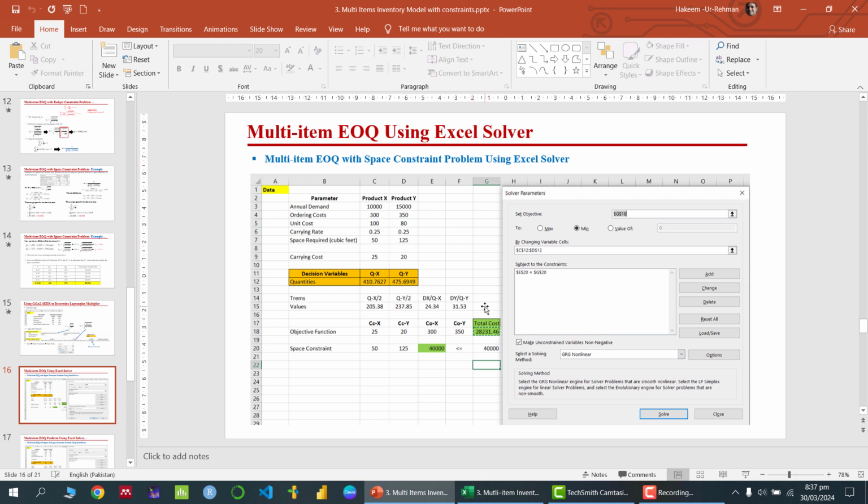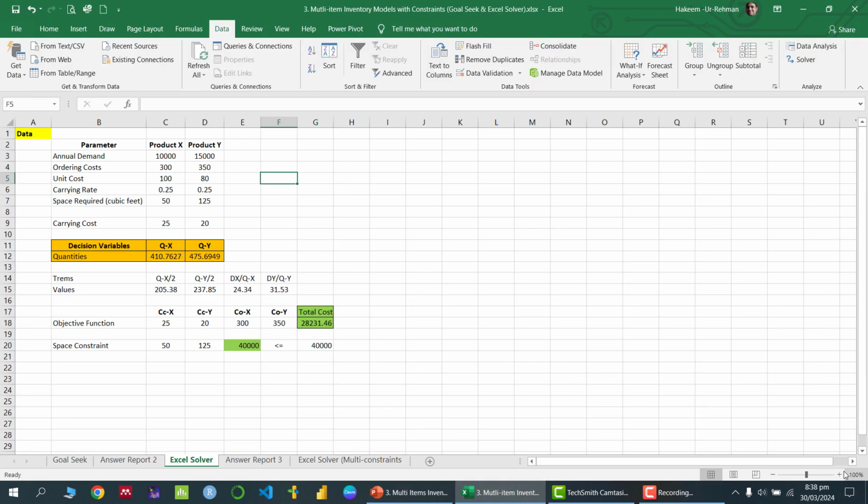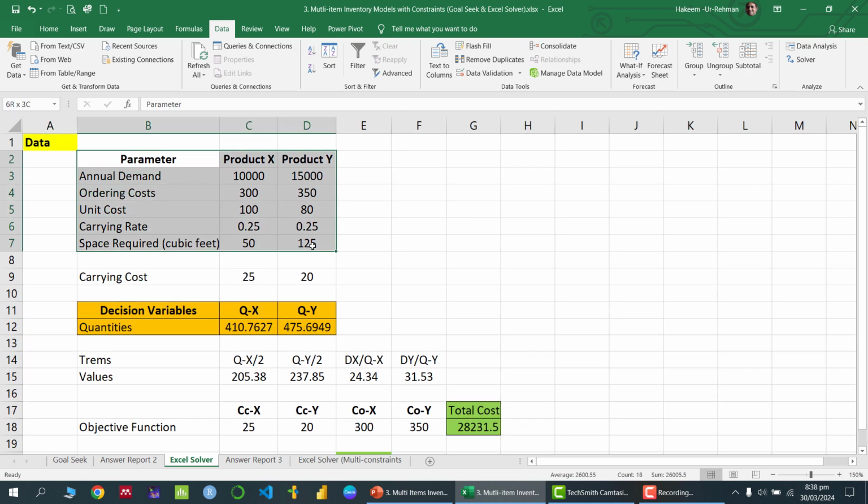In Excel Solver, what we are going to do is, first of all, we have again just entered the required data. And then after entering the data, I have computed the carrying cost. How we can calculate the carrying cost: the carrying rate, which is the interest rate, multiplied by the unit cost.